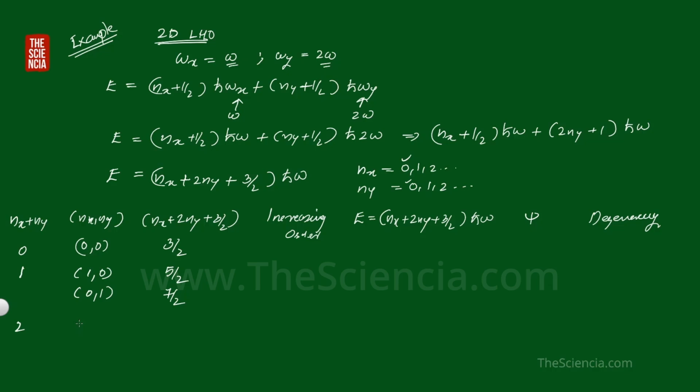I can take nx is 1, ny is 1, nx 2, ny 0, and 0, 2. If you are taking 1, 1, then 1 plus 2, that is 3 plus 3 by 2, that is 9 by 2. And 2, 0, nx is 2, 2 plus 3 by 2, that is 7 by 2. And the other is 0, 2, that is 2 into 2, 4 plus 3 by 2, 11 by 2.